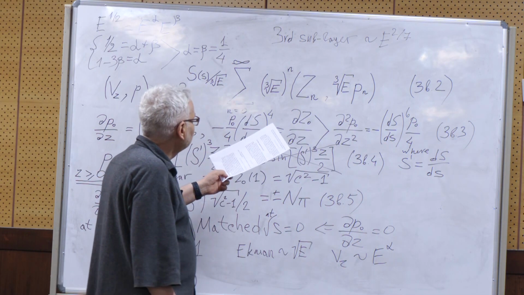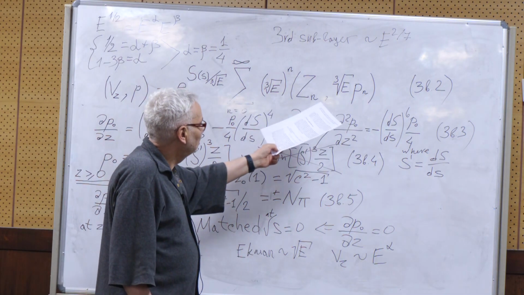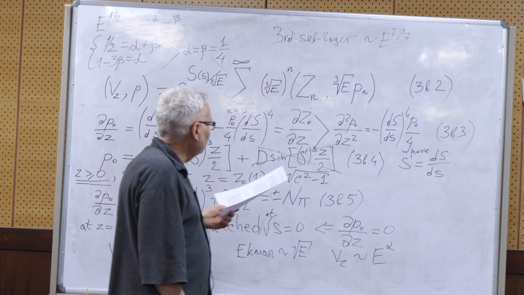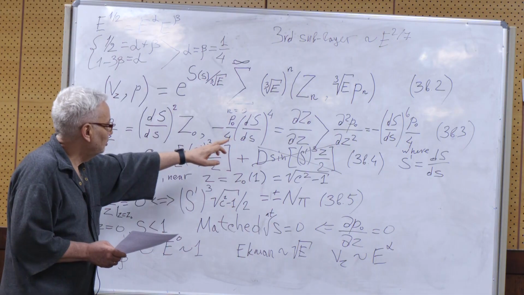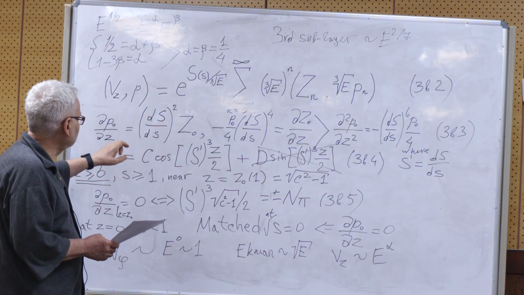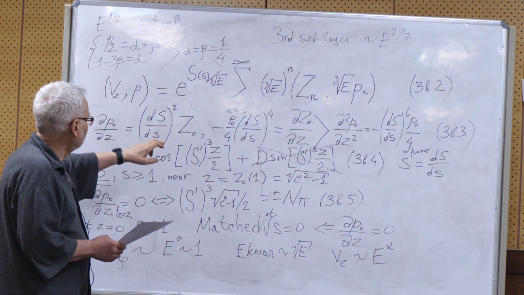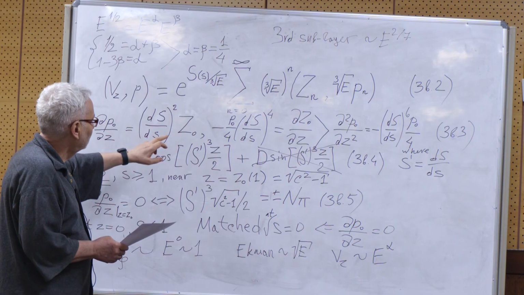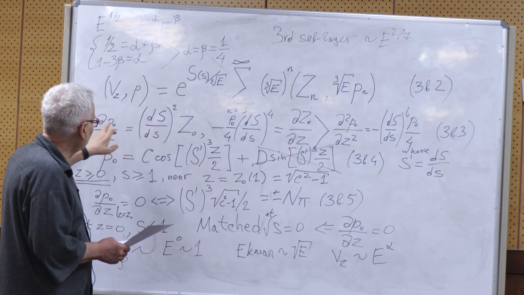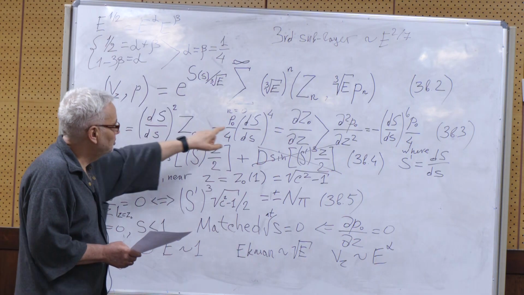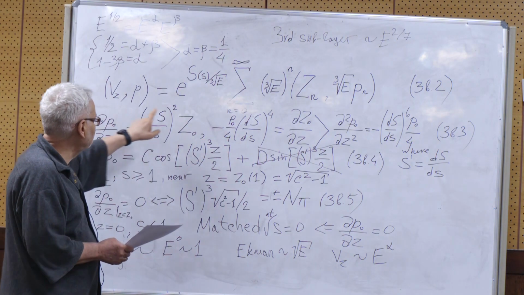Actually, we substitute this representation into the equation, and the first result is that we get these two equations. Then we use one equation for Z. We represent Z from here via the pressure and put it here.